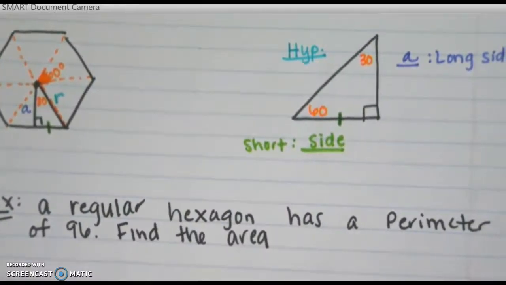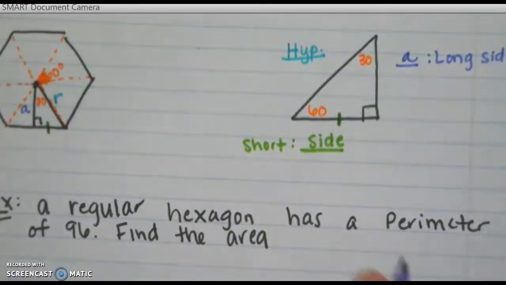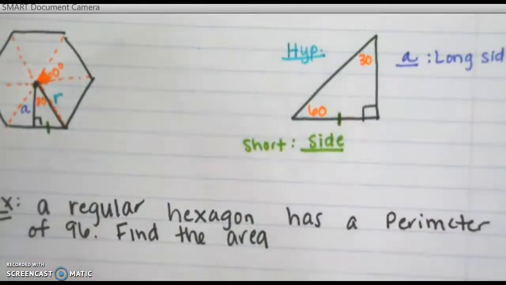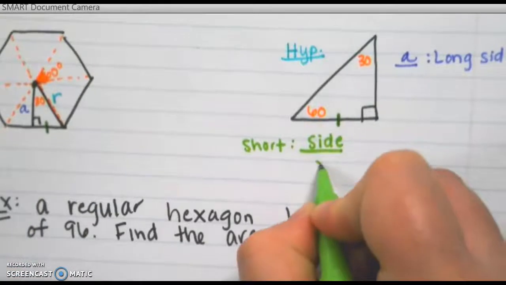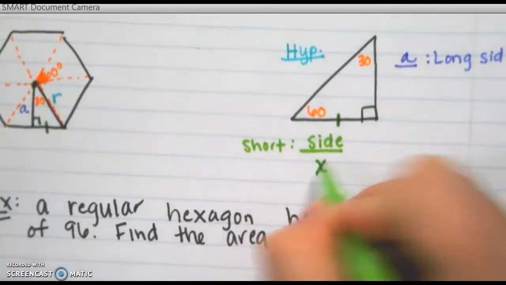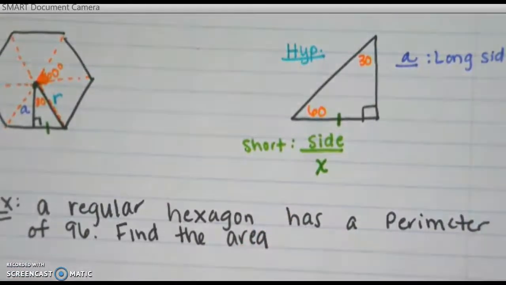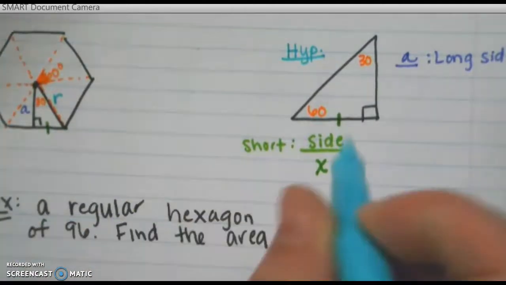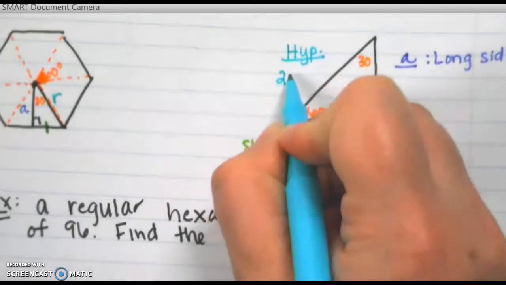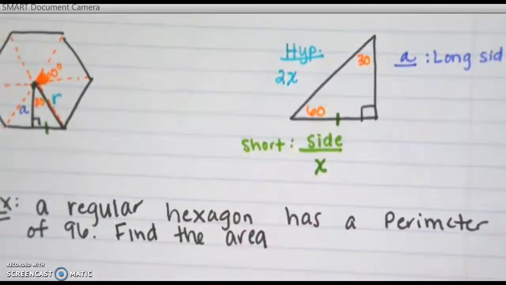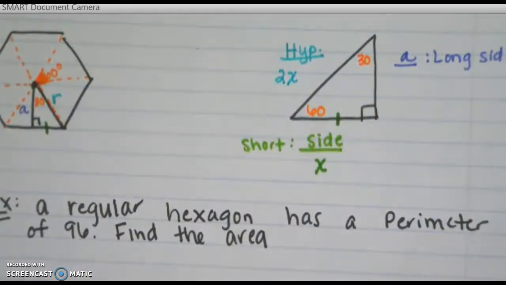All right, so in a 30, 60, 90 triangle, the 30-degree side, the opposite side, is the shortest. So I'm just going to label that X for now because we're obviously going to have different answers for what that side is. The hypotenuse is always double the short side. And honestly, from there, you could just do Pythagorean theorem to find the apothem.